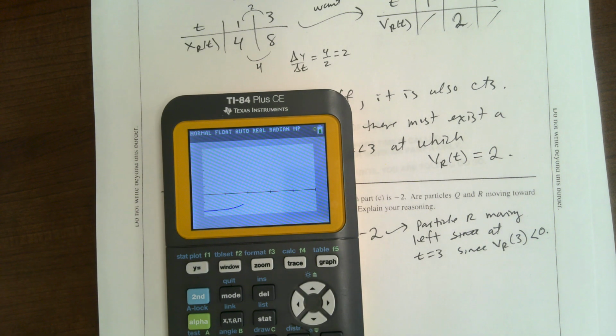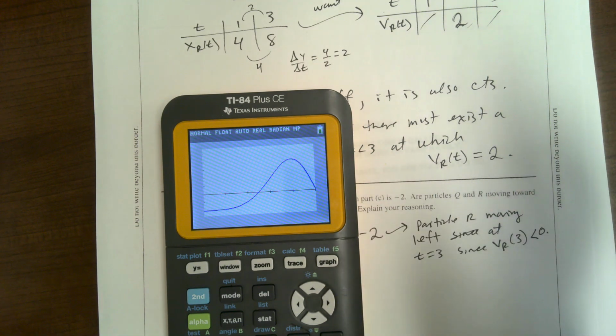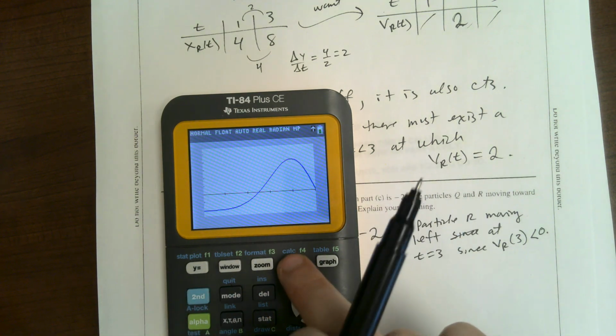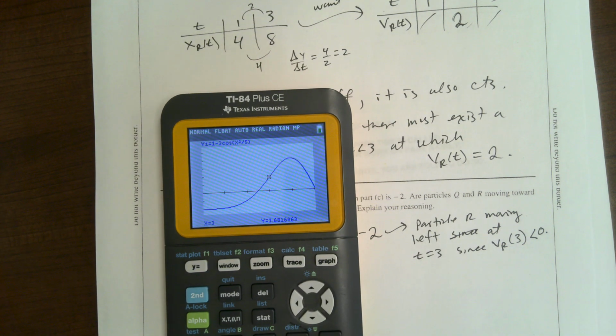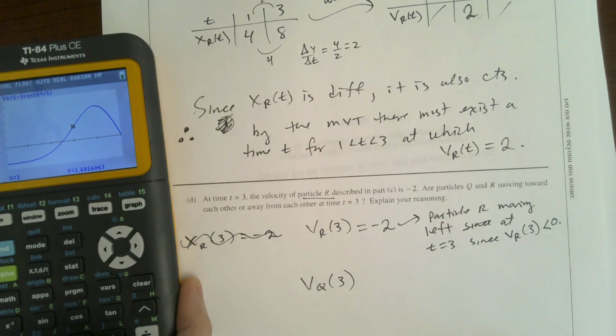Okay, so this is the velocity graph. And I want the function value. I want the y value on this at t equals 3. So you can get to it from here. You can go second, trace, and then if you hit value, and then I type 3, that's going to give me the y value. So 1.682.